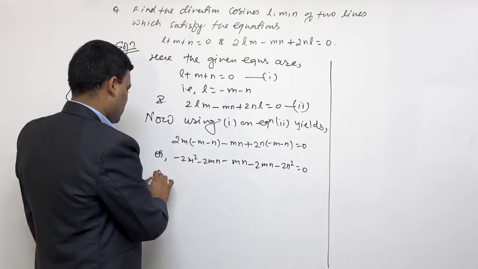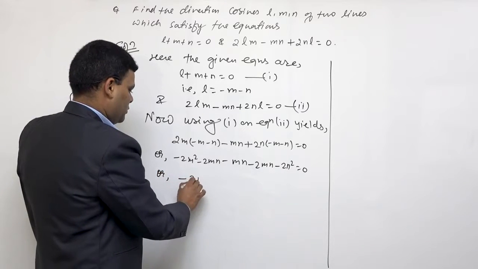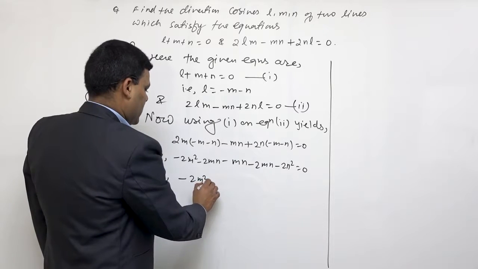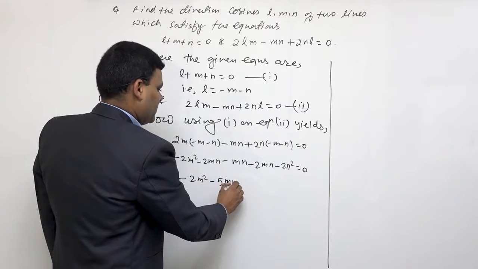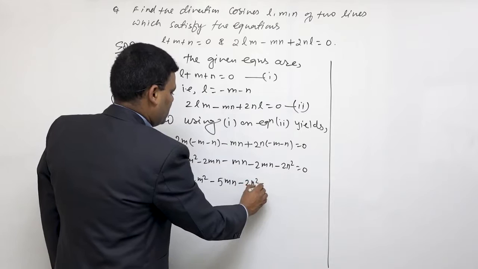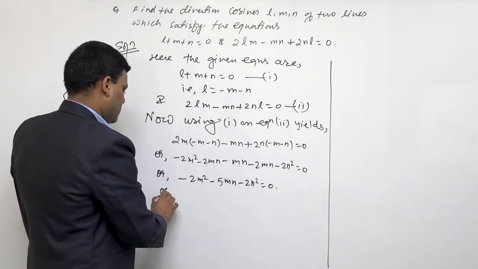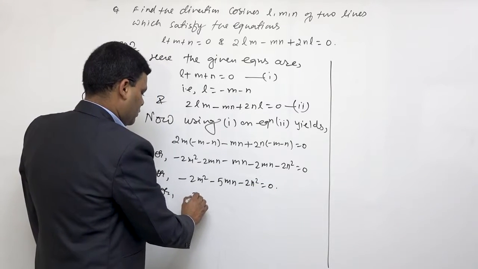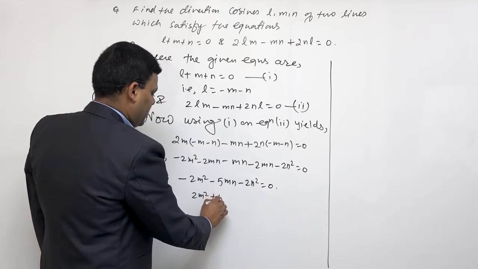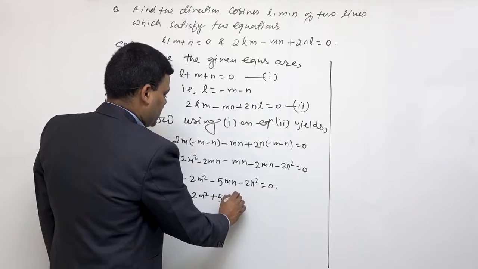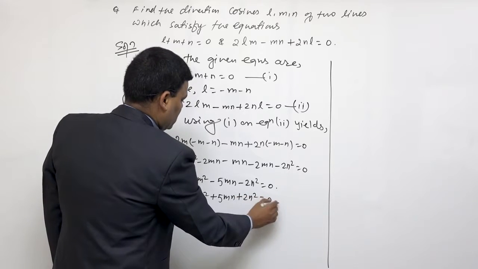we get an equation: minus 2m square minus 5mn minus 2n square equals to 0, or 2m square plus 5mn plus 2n square equals to 0.